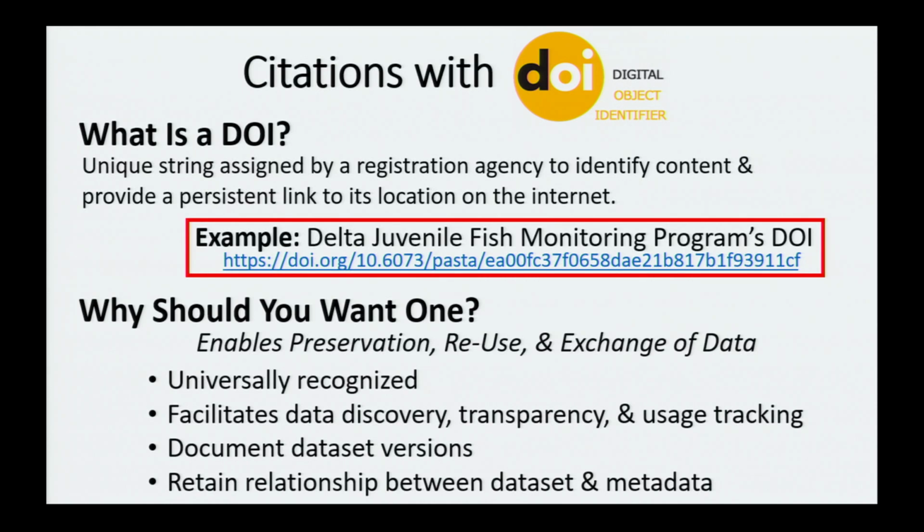And it can do a lot of things for you, such as it is a universally recognized identifier, and it facilitates data discovery, transparency, and usage tracking. Because it stays with the data and metadata, you are able to look at both the data itself as well as who is using the data, because you can link those two together.